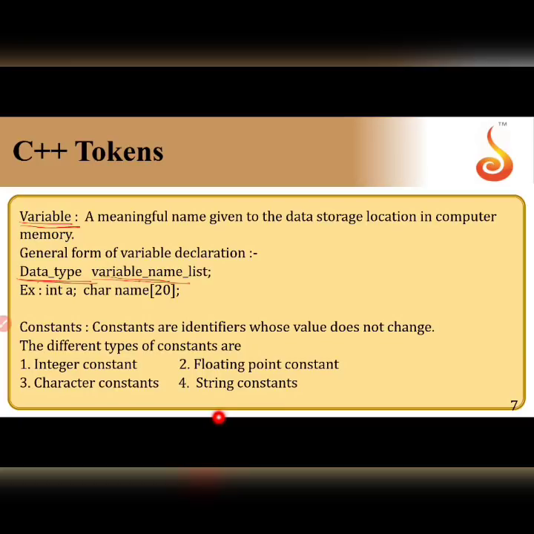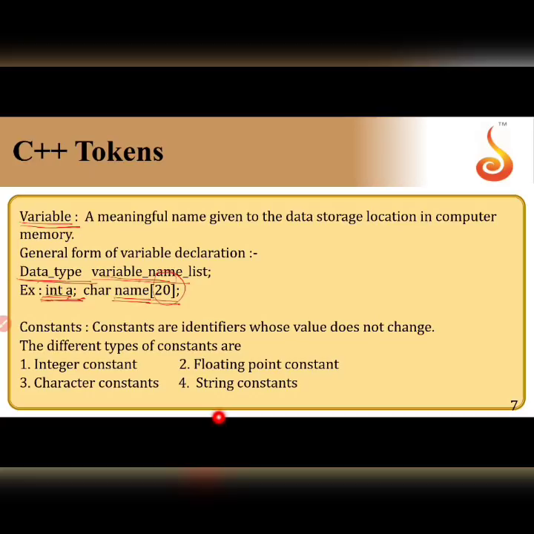When I say int A, A is a variable which is going to hold an integer value, so 2 bytes of memory would be allocated. Here name is a character array which can hold up to 20 characters, and 1 byte of memory would be allocated for each, so 20 bytes of memory would be allocated for name. This is how I declare a variable.